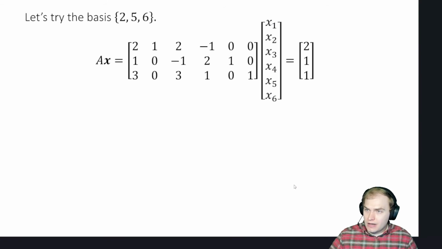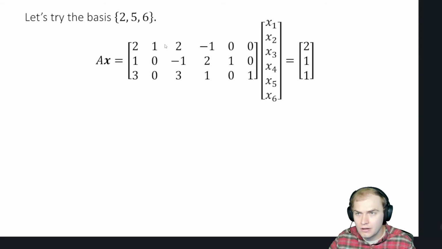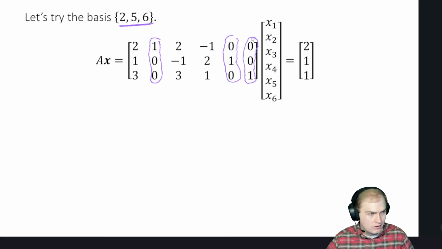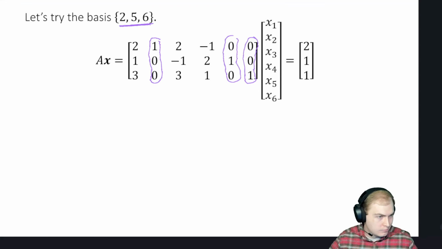So let's try a different basis. This is an easy one. The basis is 2, 5, 6. So that's going to be the second column, the fifth column, and the sixth column. I want to put you guys in breakout rooms for just a little bit to think about what the basic solution to this is.